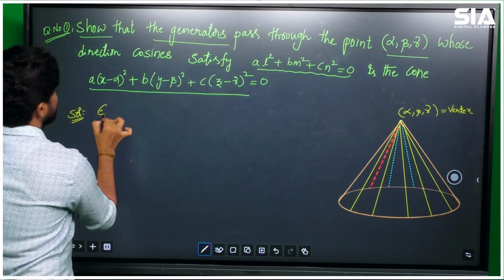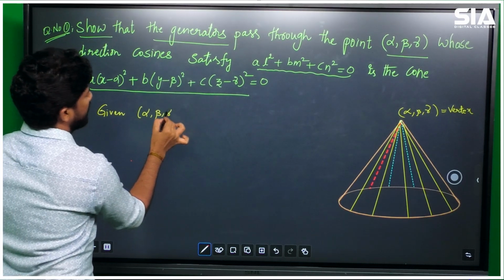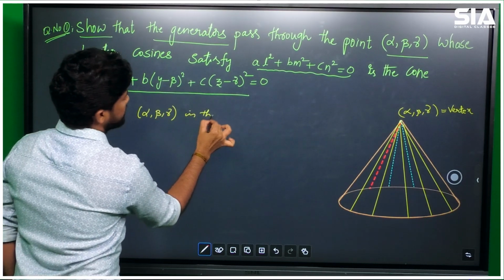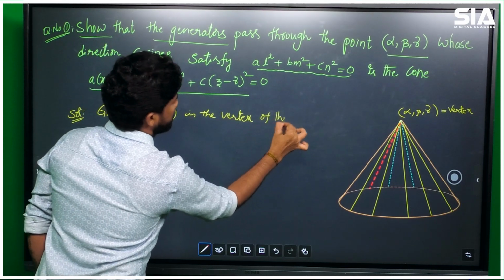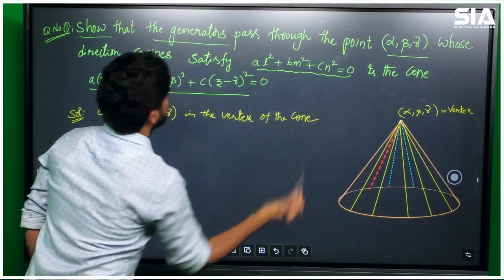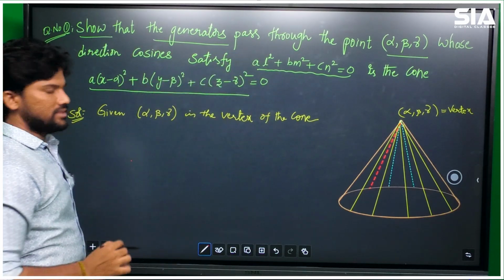What is given? Given: alpha, beta, gamma is the vertex of the cone. The generators pass through the vertex, they are saying.